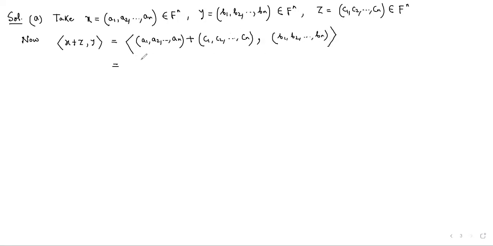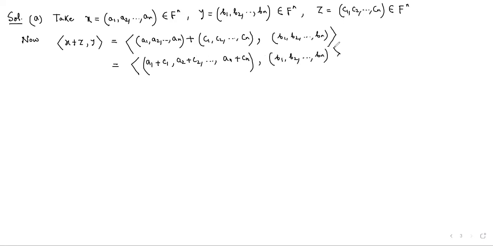Now we know how n-tuples are added with one another. So we write it as a1 plus c1, a2 plus c2, an plus cn. When I am adding a1 with c1, this addition is scalar addition, remember. These are not vector additions.